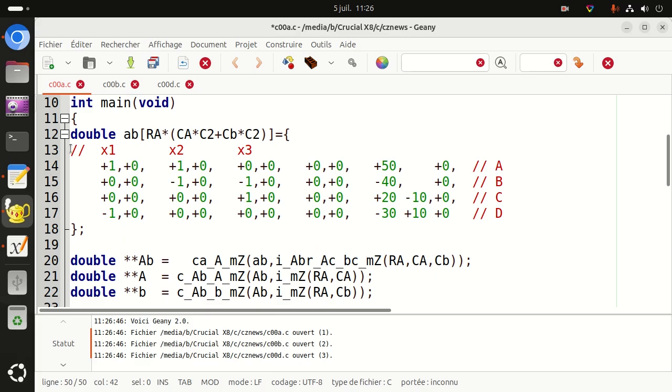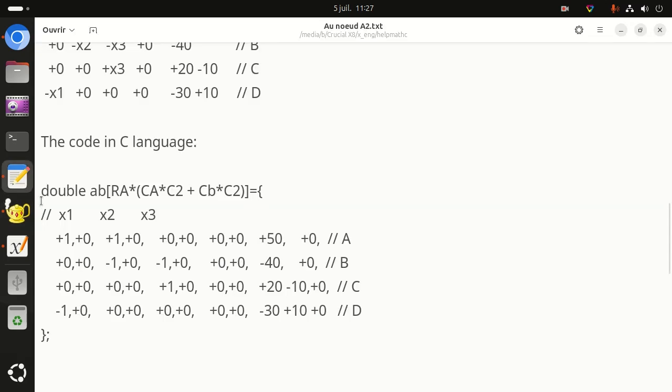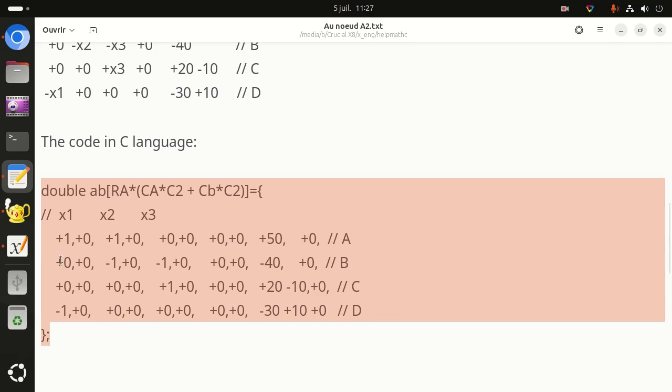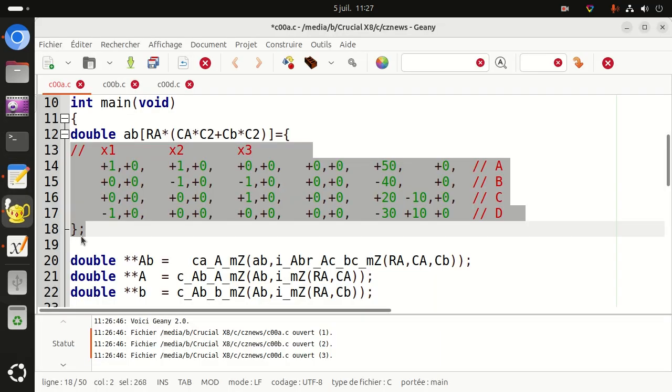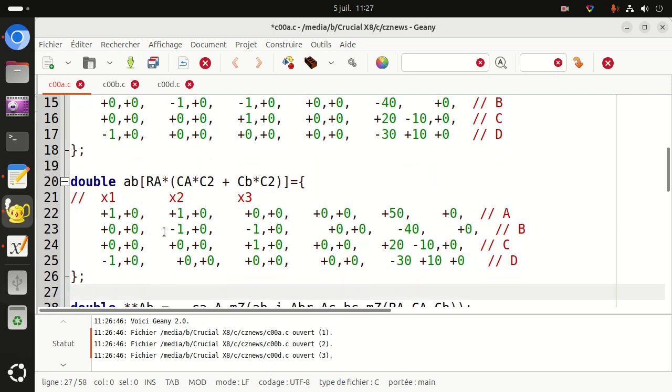You can see here the linear system. I have written a preset here. This is the system.